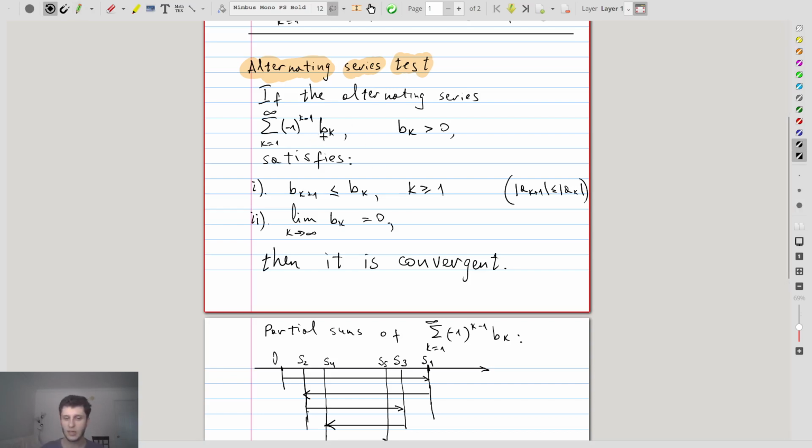Now, we studied it for the form in which the first term has sign plus, but this applies just as well for an alternating series with the first term that is negative. And so in the subsequent videos, we will look at some applications of this convergence test.